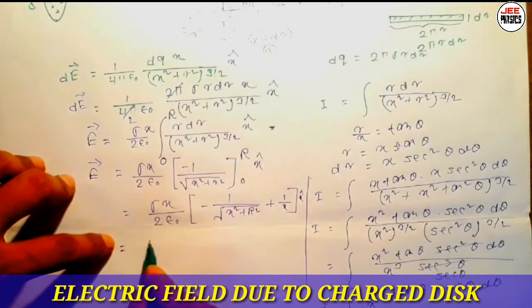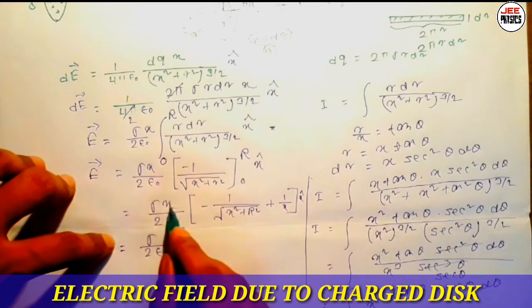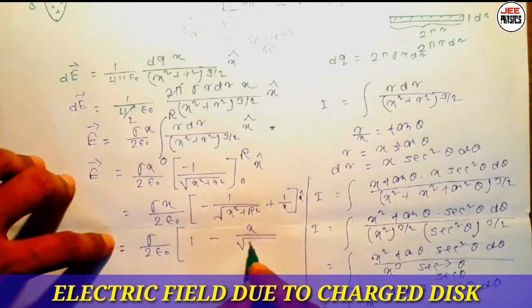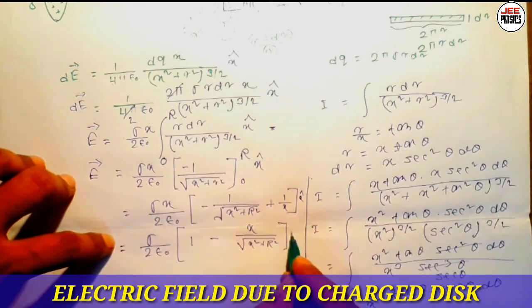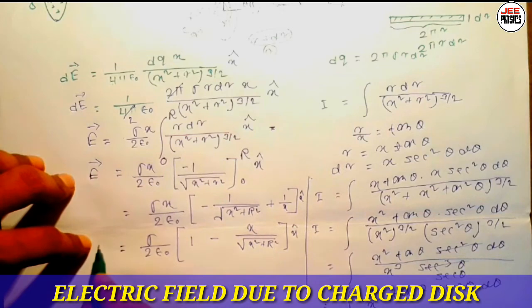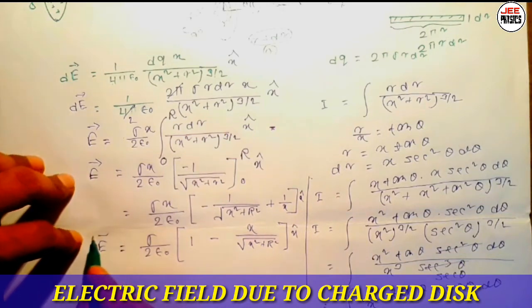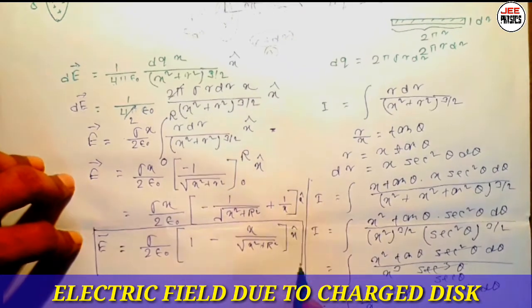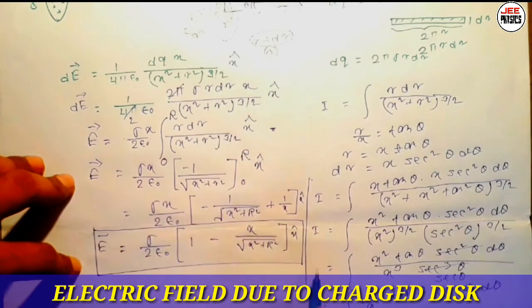So this is equal to sigma by 2 epsilon 0, x multiplied with 1 by x gives 1, minus x by root over x square plus R square, into x cap. This gives you the electric field in terms of the given data.